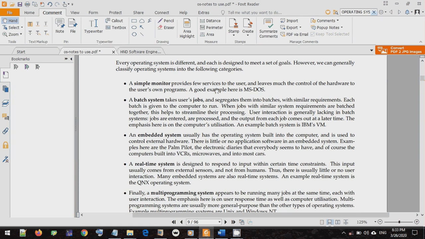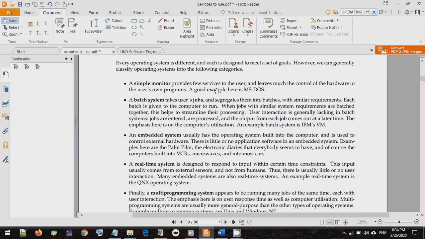User interaction in this kind of system is lacking because the batches are entered into the computer, then they are processed and the output comes out at a later time. A good example of such a system could be the IBM's VM, the IBM's virtual machine.